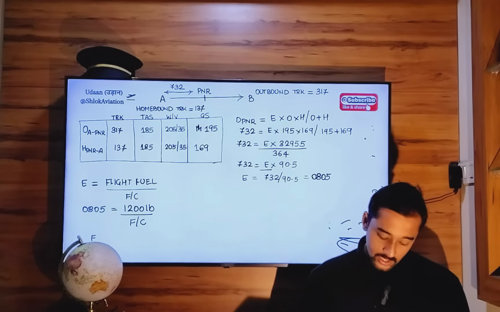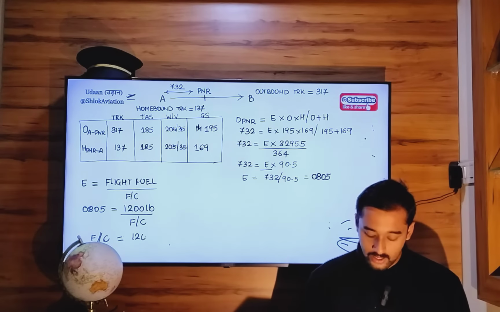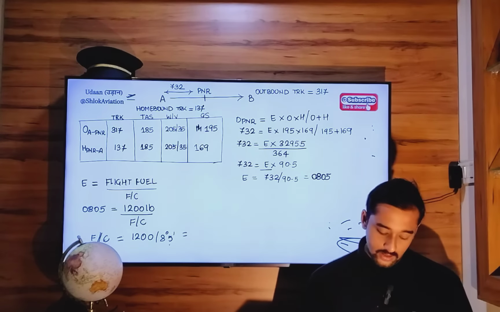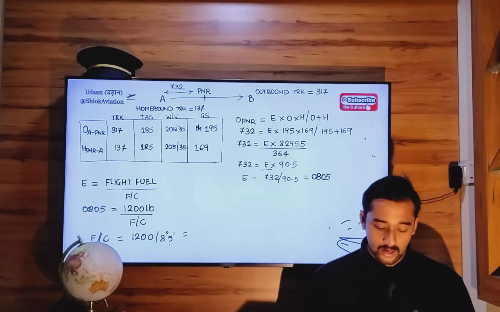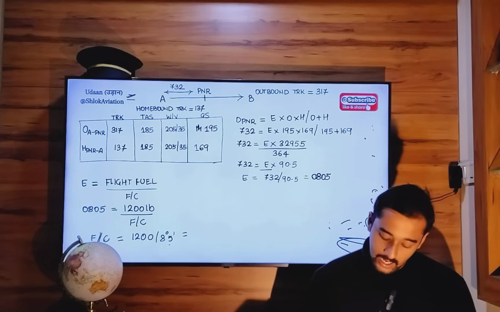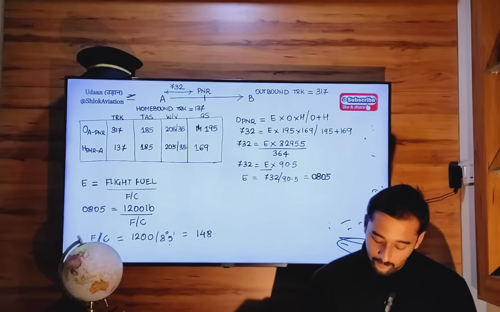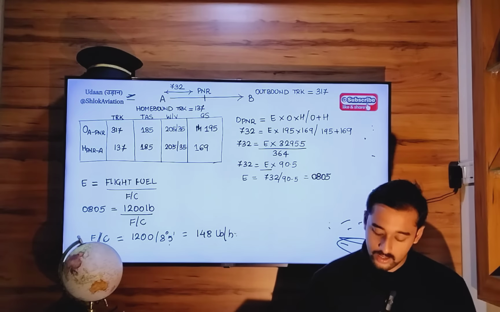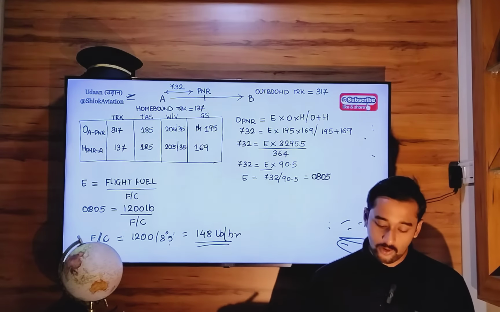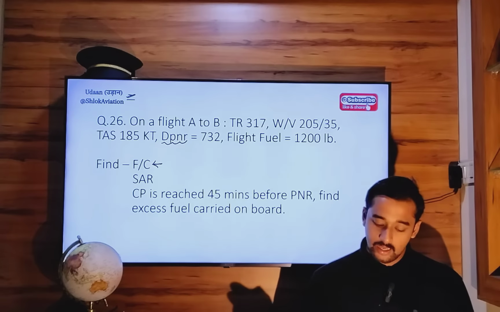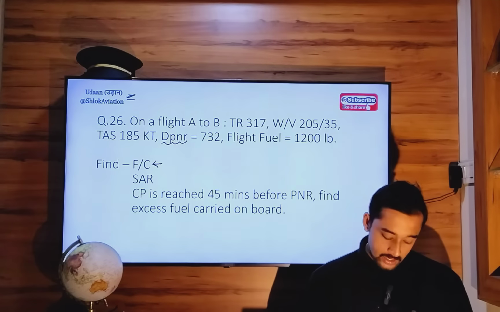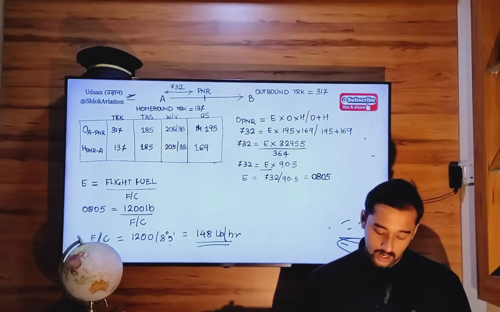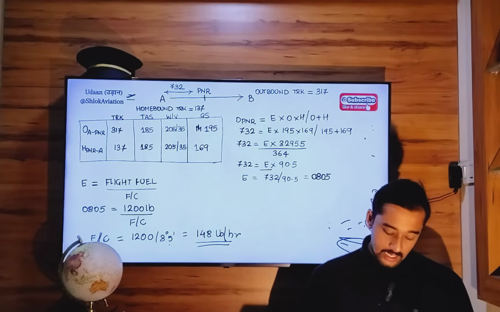So fuel consumption will be equal to 1200 divided by 8 hours 5 minutes, that is equal to 148 pounds per hour. So the answer is 148 pounds per hour. If flight fuel is in gallons, it will be in gallons per hour. Okay, simple.